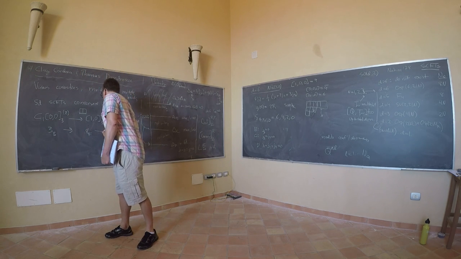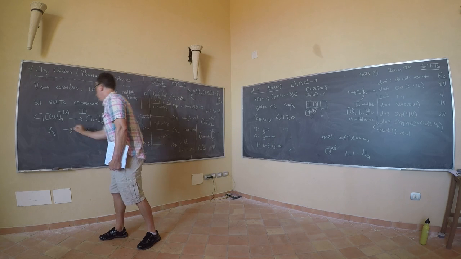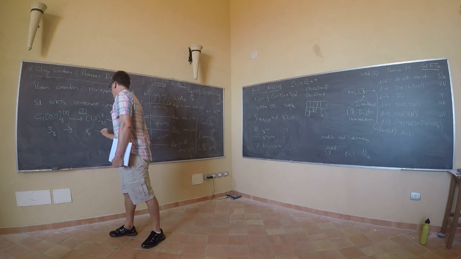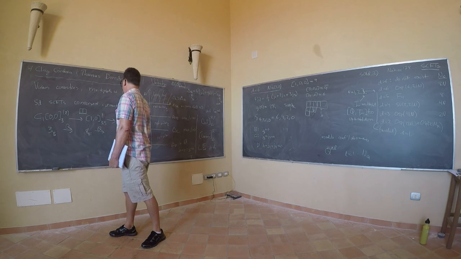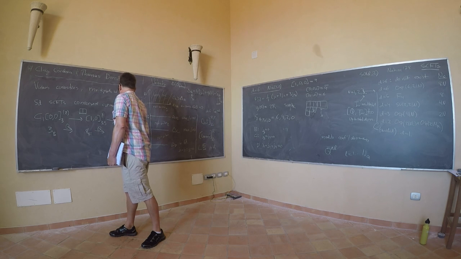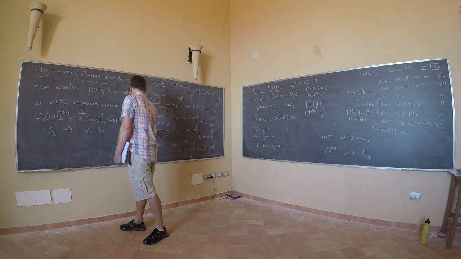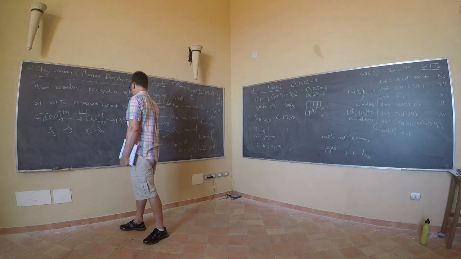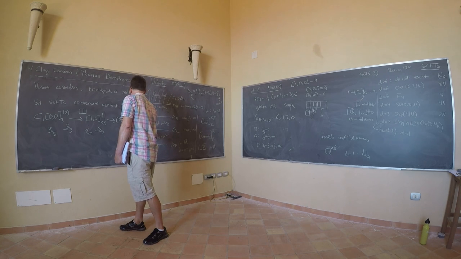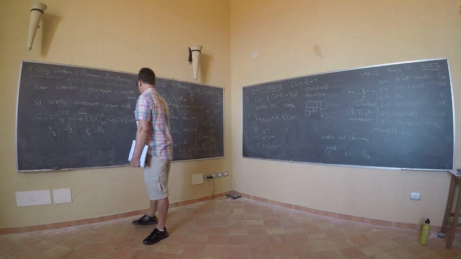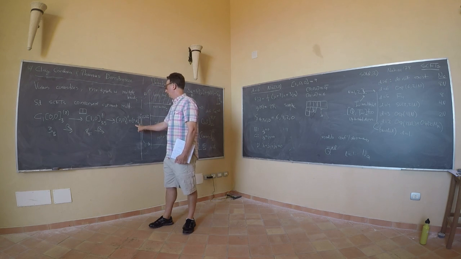And then if we go to level 2, so this is acting with Q, then we get the conserved currents.